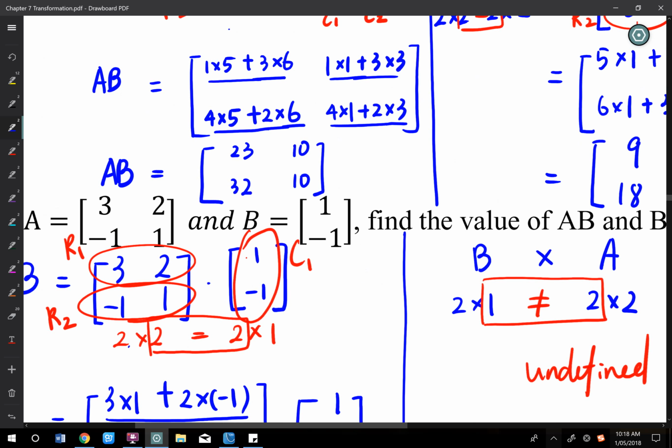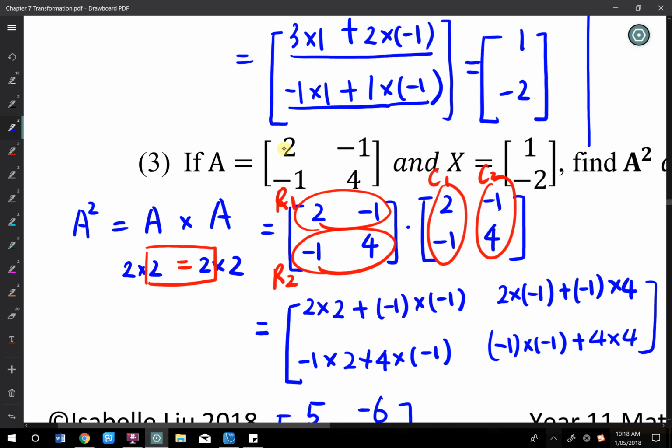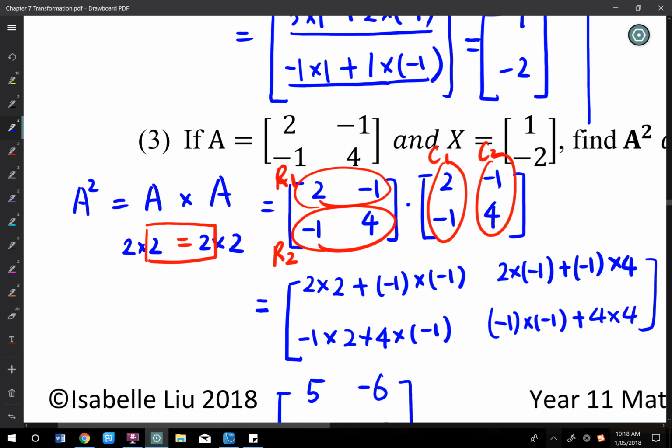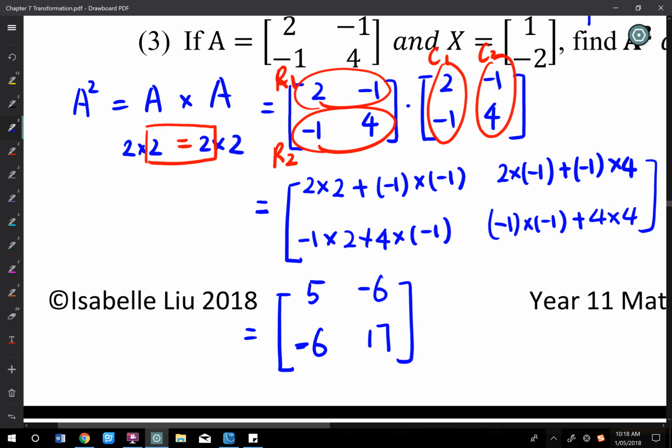The second question we have done, and the third one is A squared. So what's A squared? A squared is A times A. Because A is a 2 times 2 matrix and A is a 2 times 2 matrix, the middle two numbers are the same, so I can multiply them. Again, I use the row for the first one and column for the second one.